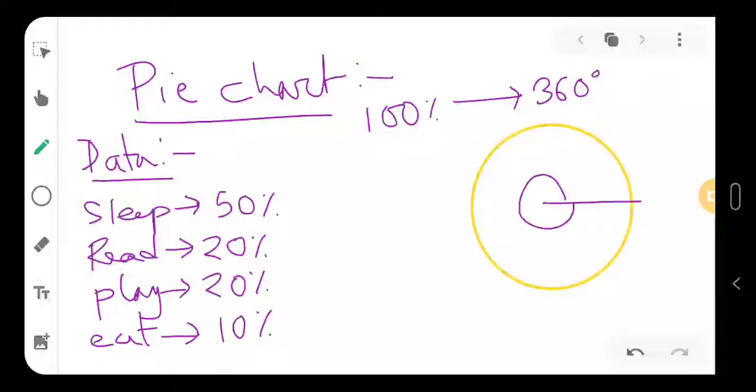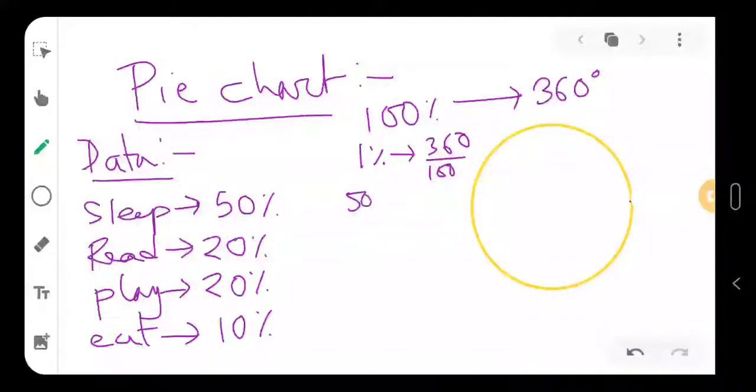Now I want to draw 50%. So in that case, I have to find out how much the 50% will be. It is just like a unitary method. So if 100% is 360 degree, that means 1% will be 360 by 100, and 50% will be 50 by 100 into 360.